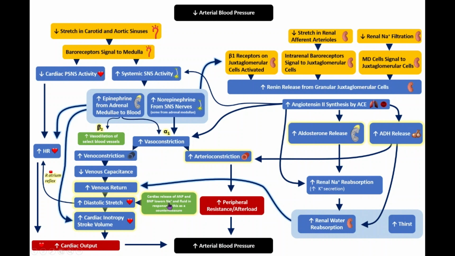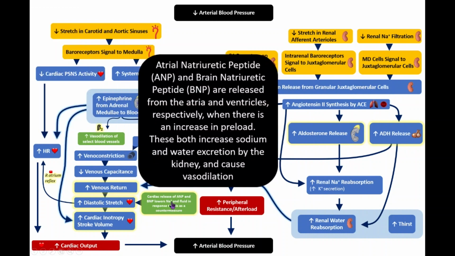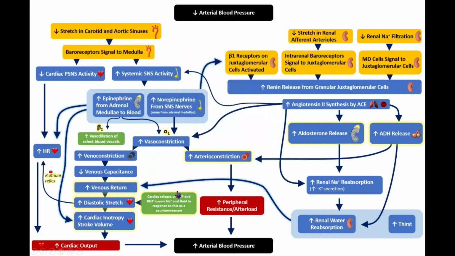But the reason why I like to mention ANP and BNP is because there are drugs that actually work just like these, or drugs that prevent their breakdown. So medications are intentionally used to increase sodium loss and to cause vasodilation. So, in fact, most components of this entire diagram are affected by medications.